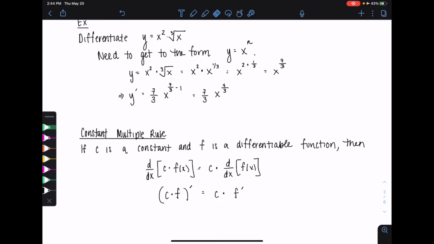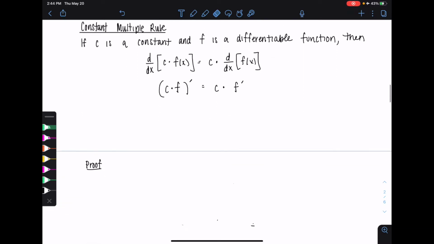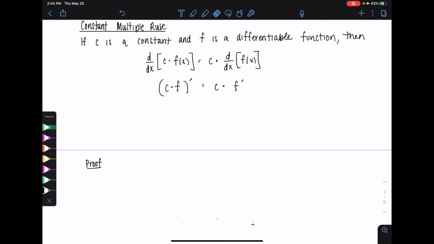Okay? So I want to show a little proof of this because it's not too bad that we can go through it. So we're going to let g be this function c times f of x. Then, if I want to take the derivative of g, using that difference quotient, it's the limit as h approaches 0 of g of x plus h minus g of x over h.